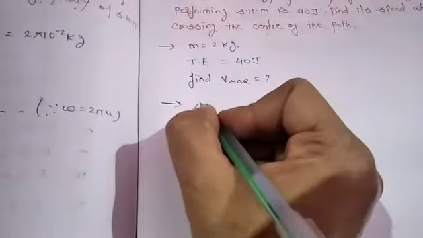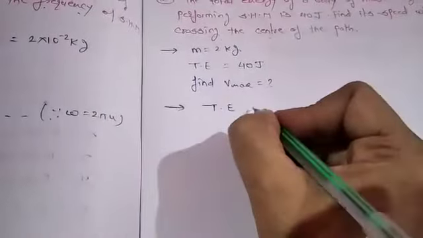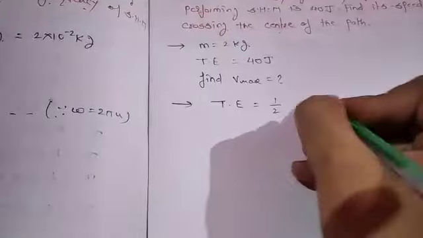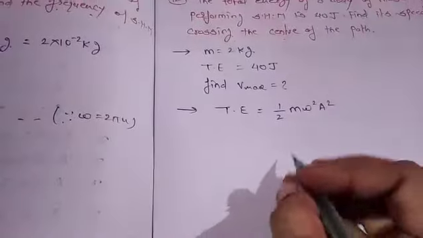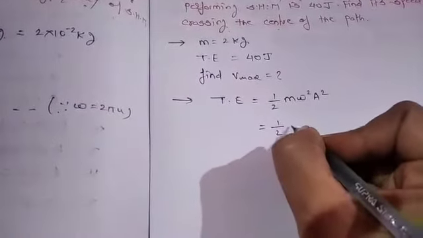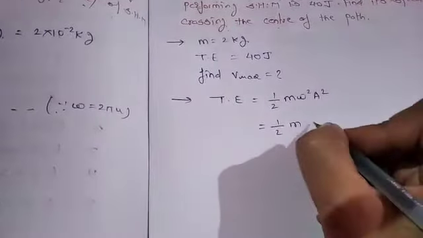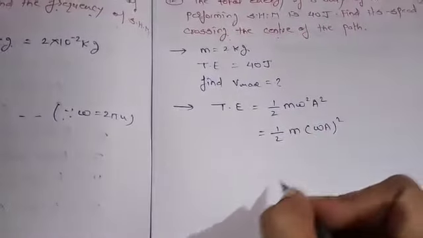So here we have the formula for total energy: total energy is equal to 1 by 2 m omega square a square. We can write this as 1 by 2 m into (omega a) whole square.